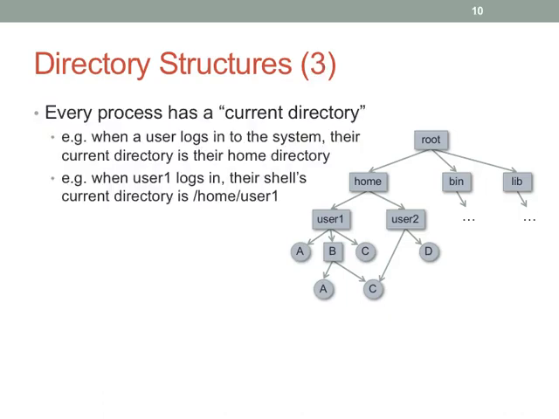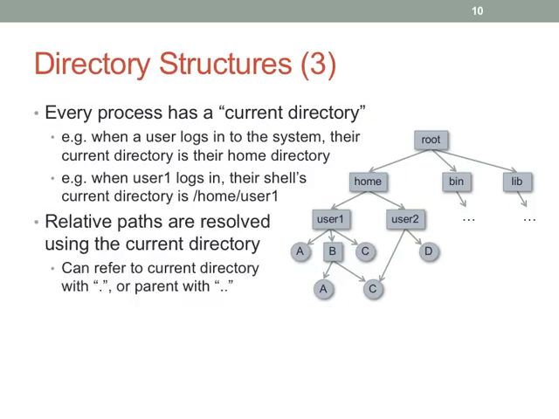All right, now processes will have a current directory. Again, this is something you probably have already noticed in how operating systems work, is that processes have a current directory. And as an example, when you log in, your current directory is your home directory, and so that's nice. You can just go ahead and work in there with no problems. The nice thing about having a current directory is it allows relative paths to become possible.